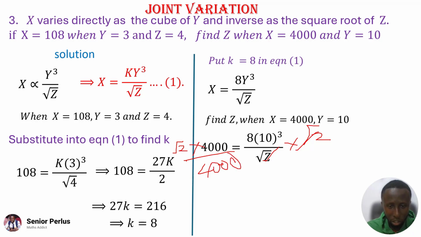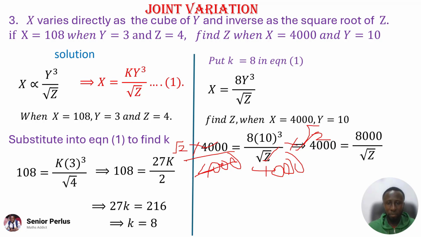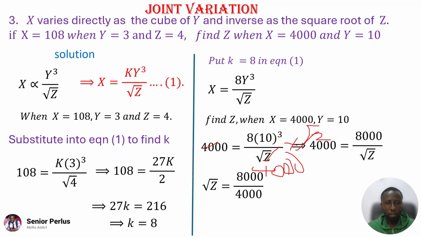So here we have 4000, so that this will go. So you see, you'll get this. Then 10 cubed results in 10,000, times 8.